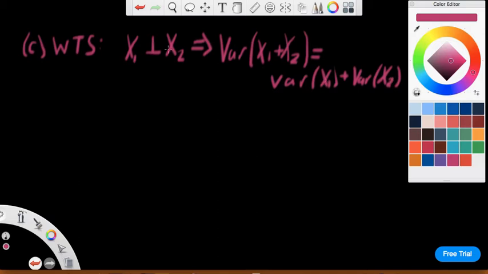So this isn't true in general, but we're showing that independence implies this.